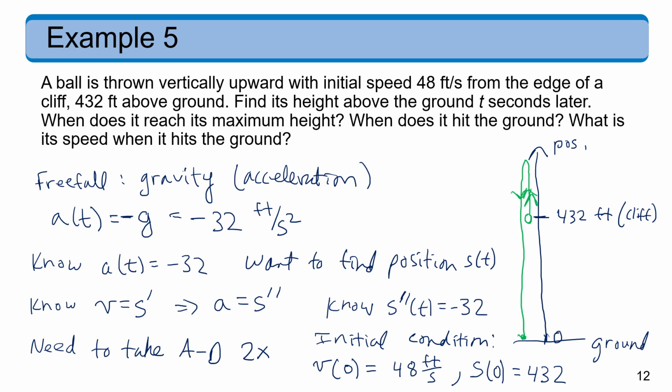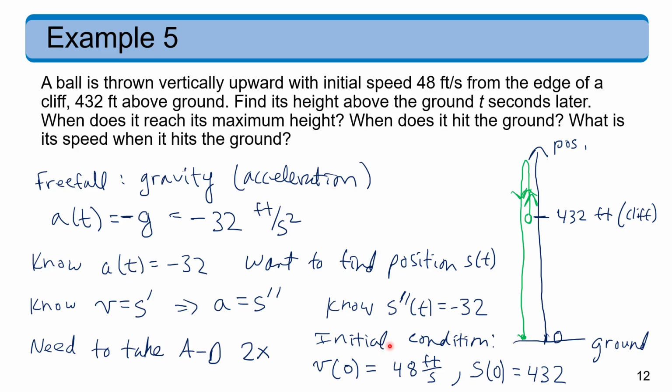So now we have basically what we're starting with, and we know what we need to do. We've got s double prime, that's acceleration. We need to take an antiderivative, that'll give us velocity, and then we take an antiderivative of velocity, that will give us position.